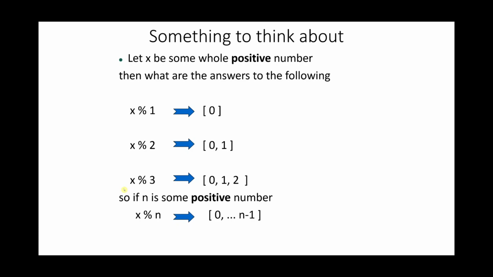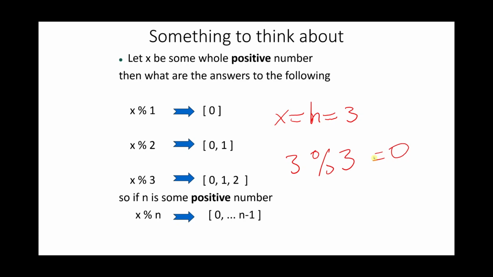Simply because if x is equal to n, like x equals n equals 3, then 3 mod 3 gives you 0, right?